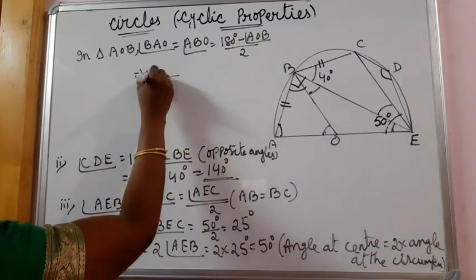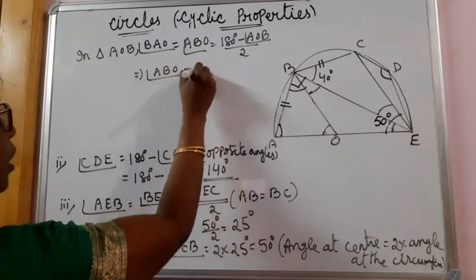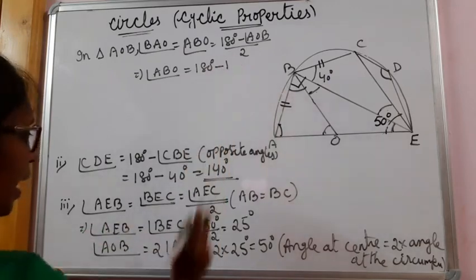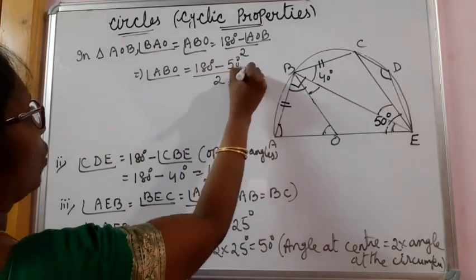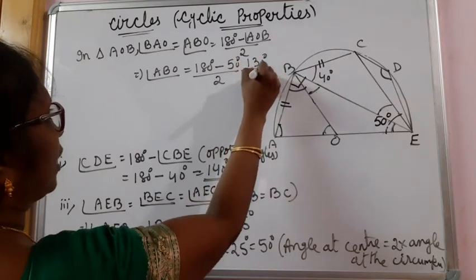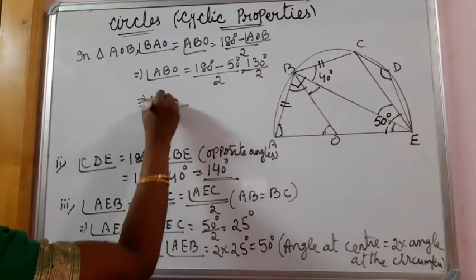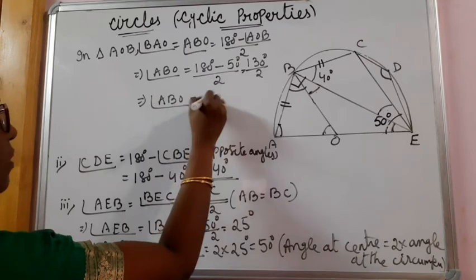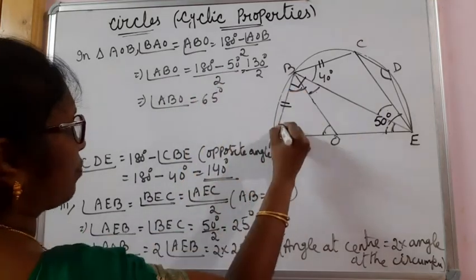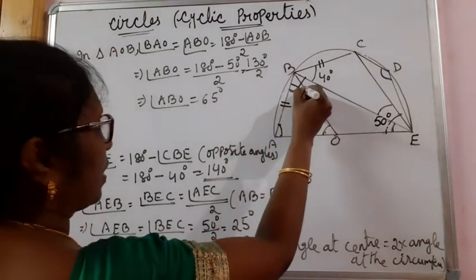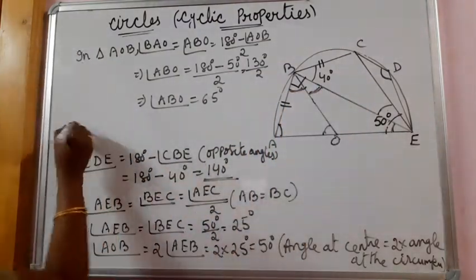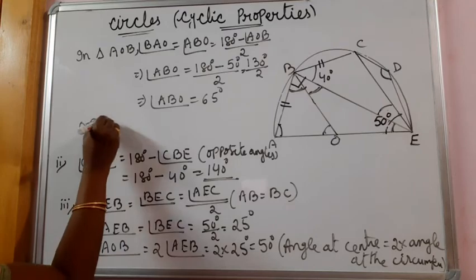So angle ABO is equal to 180 minus 50 degrees, that is 130 degrees, by 2, which gives you angle ABO as 65 degrees. So this is 65, this is 65, 130 and 50. Now we can find angle OBE.